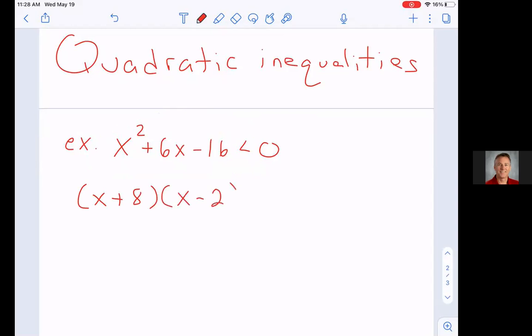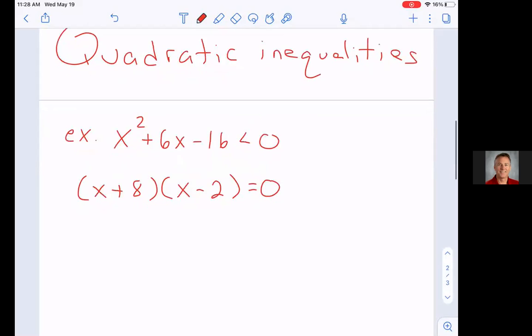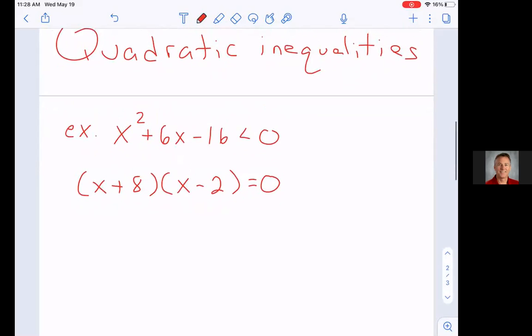Now, make sure that you check my work. All right, but that's looking okay. And the things that make that equal to 0, those are the key points. So that means we have key points at -8 and +2.